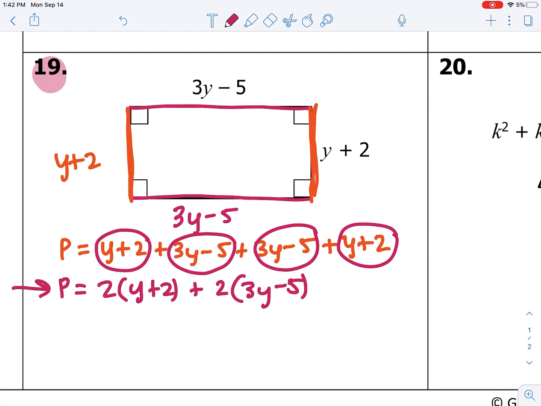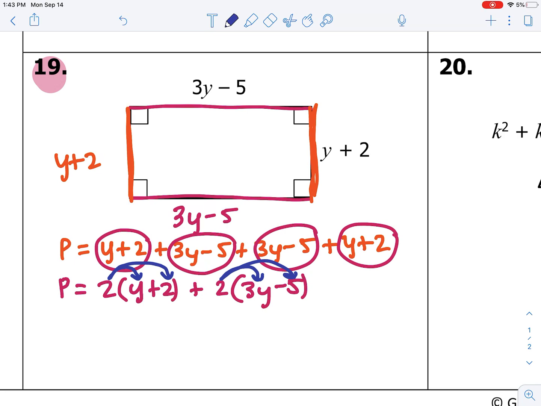So if we're going to work from this version of the formula, then we need to distribute. We need to distribute the 2. So I take this 2 and I distribute it inside the parentheses. I know when to stop when that parenthesis closes right here. So again, I distribute this 2 inside the parentheses for this set.